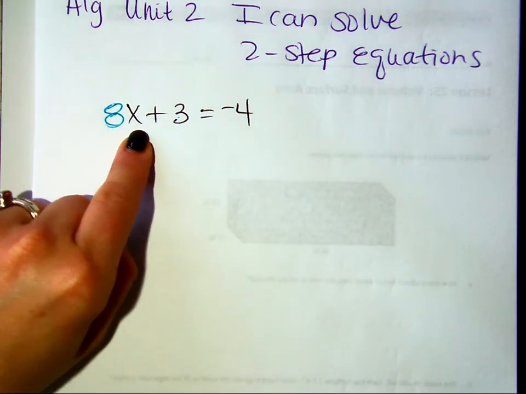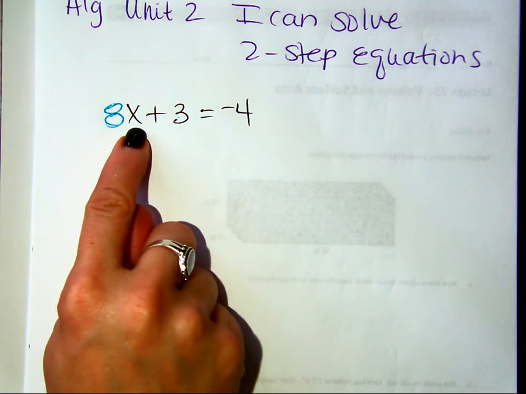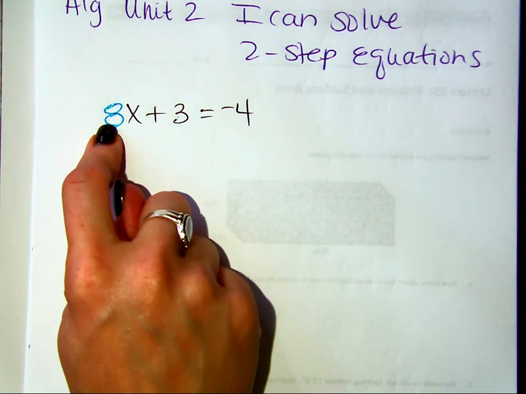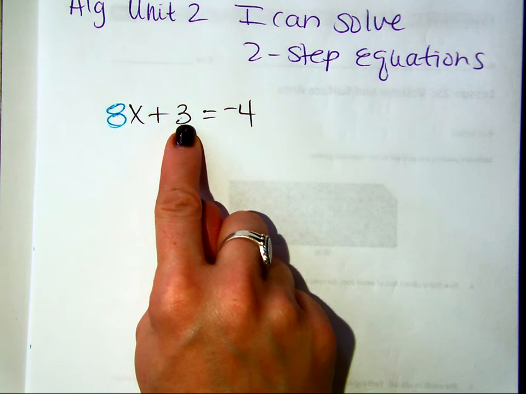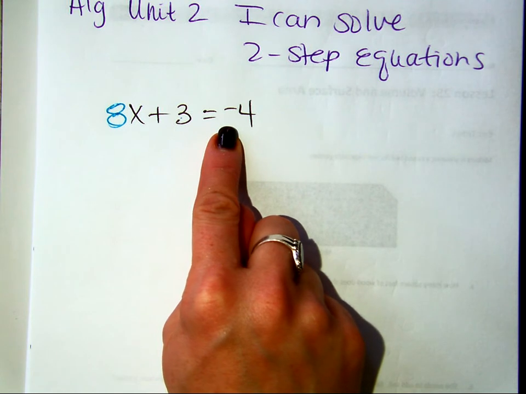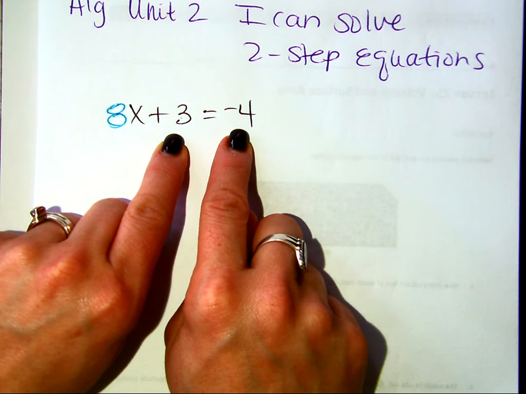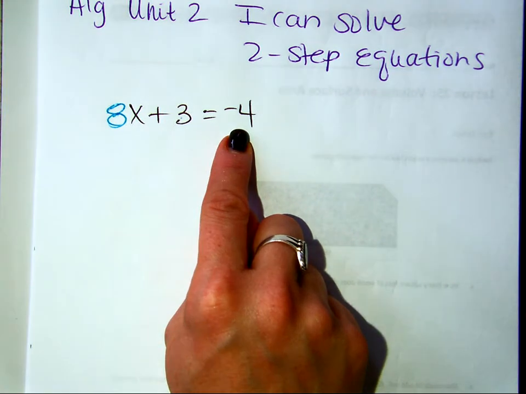So this is what this equation means. I'm thinking of a variable. I multiply that variable by 8. I add 3 to that product, and I get negative 4. What number am I? So to solve that variable riddle, don't you go backwards? Don't you start with negative 4 and, instead of adding 3, you subtract 3 from it?